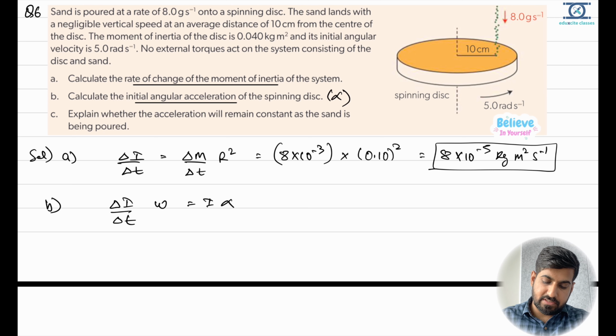This will be decreasing, because addition of mass will decrease the angular acceleration. So I can say alpha is equal to delta I over delta t upon omega upon I, right? So delta I over delta t we have already calculated, 8 into 10 raised to power minus 5. Omega is not changing, as it is mentioned in the question.